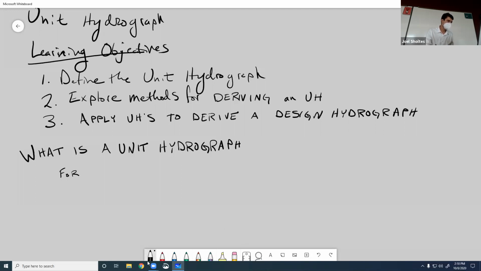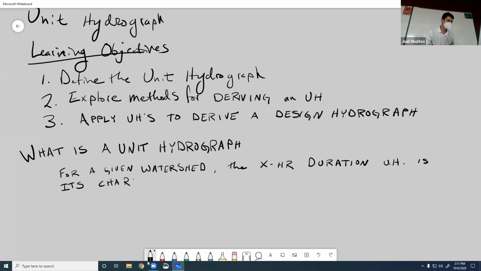So for a given watershed, the X hour duration unit hydrograph is that watershed's characteristic direct runoff hydrograph.